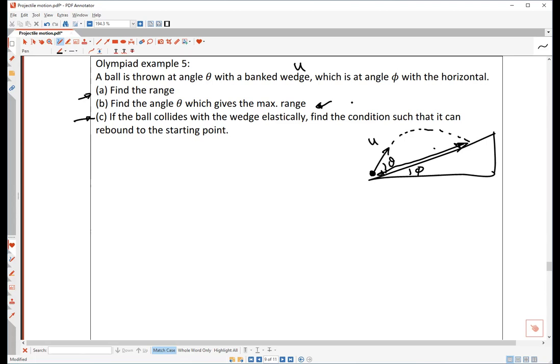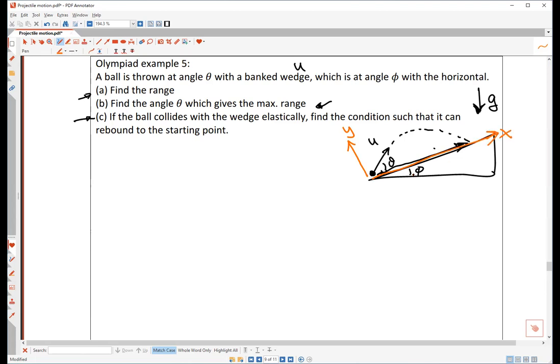How can we do this question? There's only one acceleration, downwards g. So the physics approach is to rotate the y-axis and x-axis a bit. So this is the y-axis, and this is the x-axis.